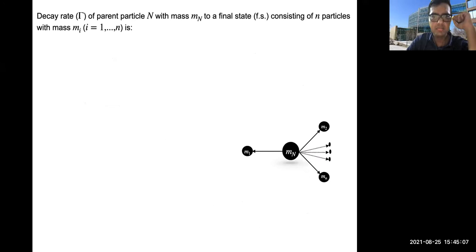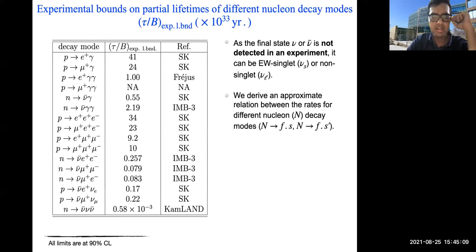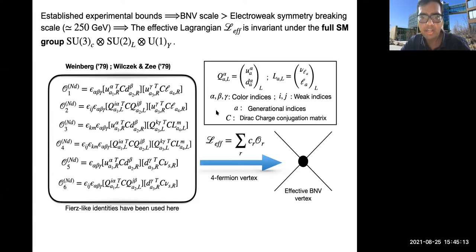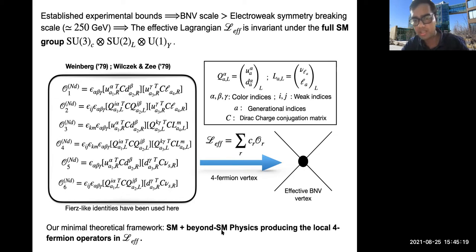We have assumed that we have these 4 fermion operators as our minimal theoretical framework, as standard model plus beyond the standard model physics producing these 4 fermion operators. So this connects 3 quarks with 1 lepton. For example, you take this operator, this connects u d u with L, and you can conjugate this to produce the L in the final state.